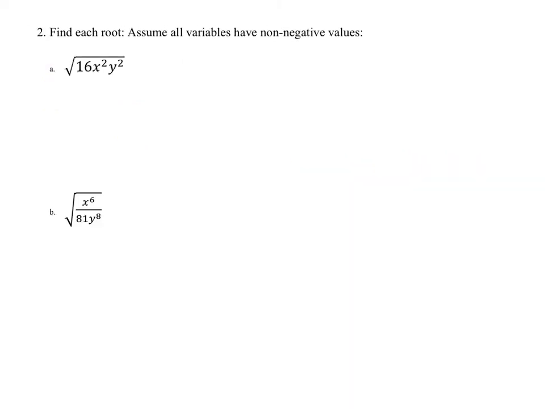Now let's find each root. Now we're going to assume that all the variables are non-negative. In other words, I don't have to worry about absolute value. That gets higher level. So we're going to take the square root of each one of these. Now I always think of it this way: a pair comes out as a single in a square root.